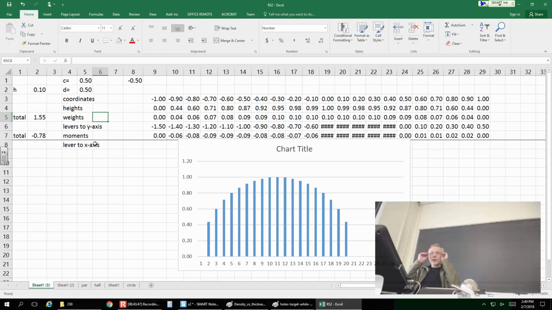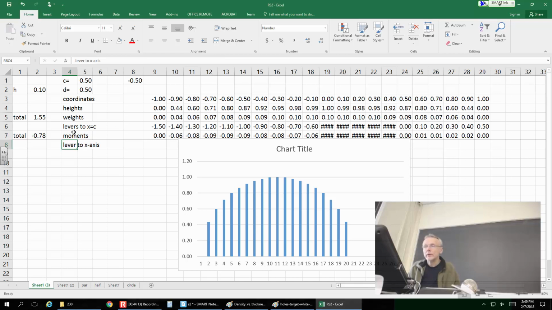We're starting a new thing, and now we're talking about, well, I didn't actually put it right. I'm sorry about that. So levers to x equals c. That vertical line, x equals c, with respect to which we're trying to balance, and we did. That's fine.